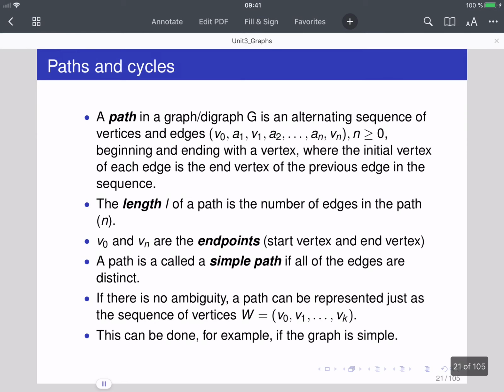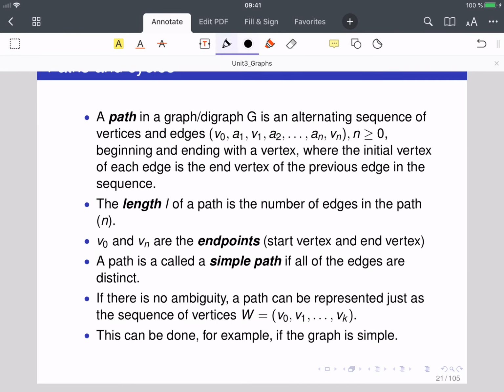Another very important concept that we need in the study of graphs is the idea of path. So far we have been working with isolated edges. We have studied an edge, whether it is incident to or from a vertex, the degree of a vertex.